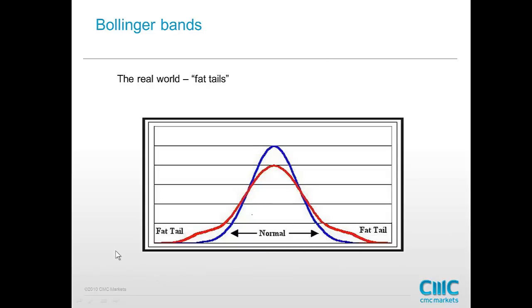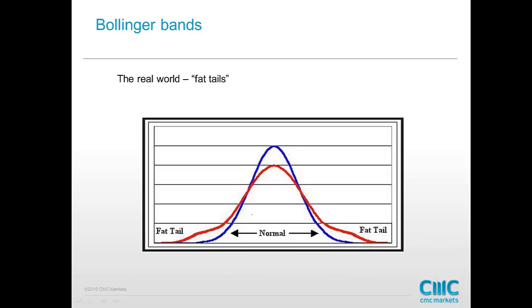But the experience of real price changes in stocks, in currencies, in indices is actually more like this red curve. You'll note that average moves occur less frequently than in the normal distribution, and that extreme moves are actually more common in the real world than the theory suggests. And that has important implications for the way traders apply Bollinger Bands.